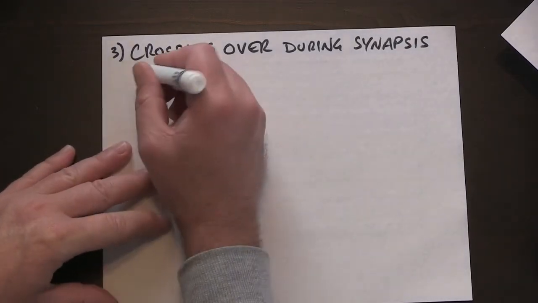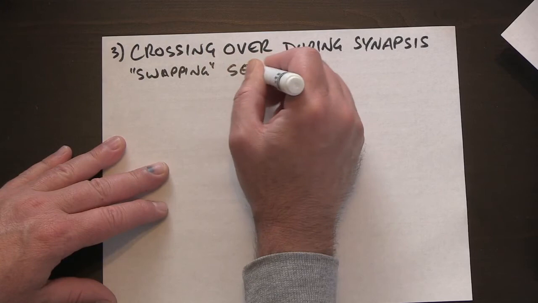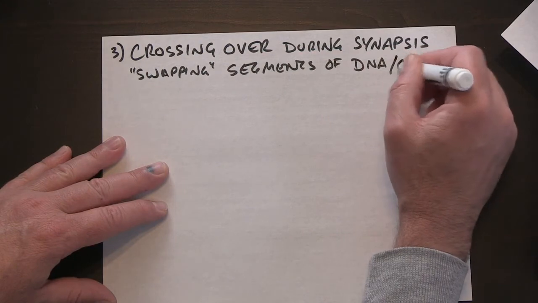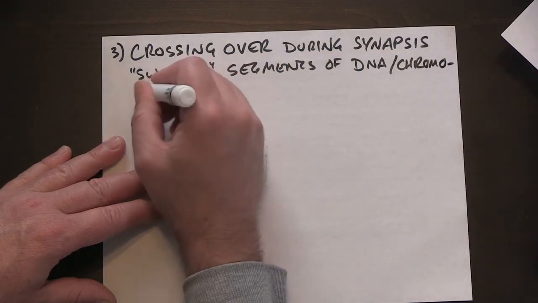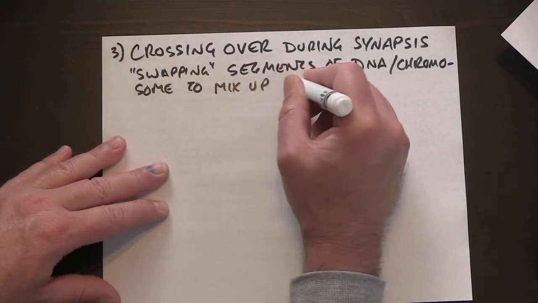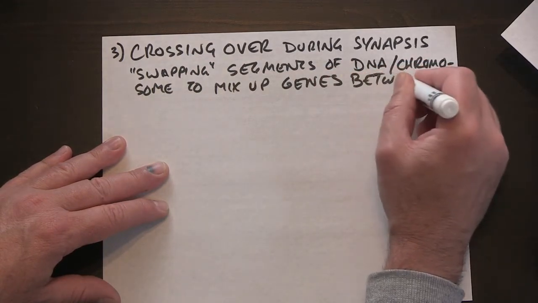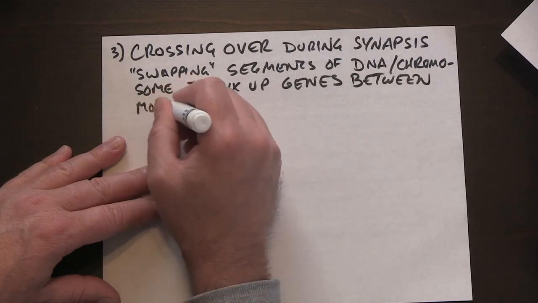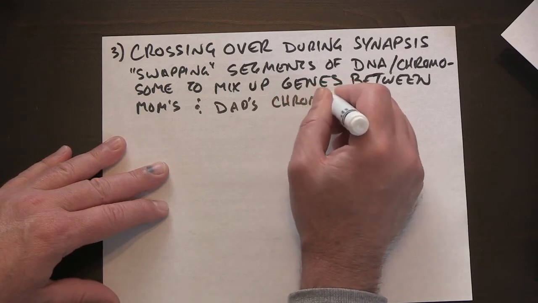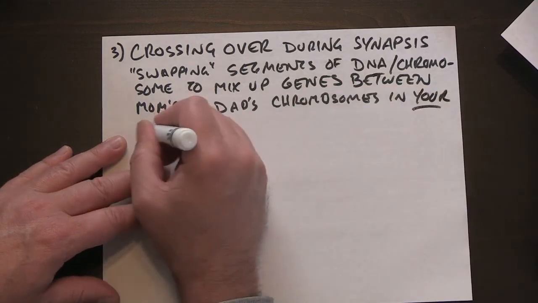And this is the swapping, let's say, or the exchange of segments of DNA or chromosome to, say, mix up the genes between mom and dad. Mom's and dad's chromosomes in your gametes.